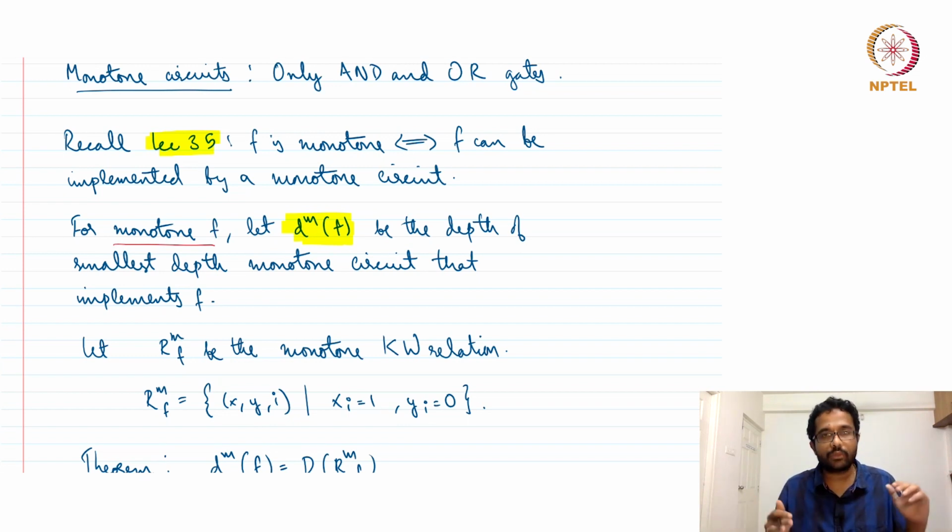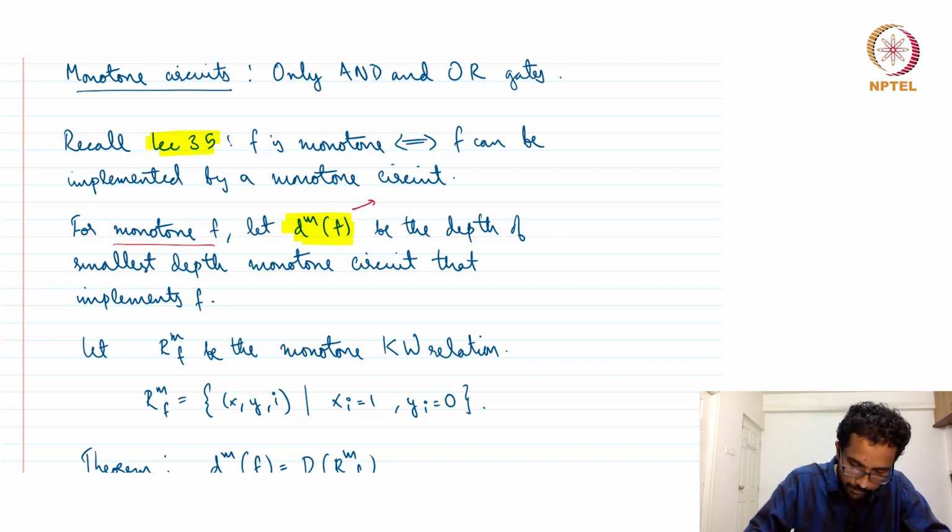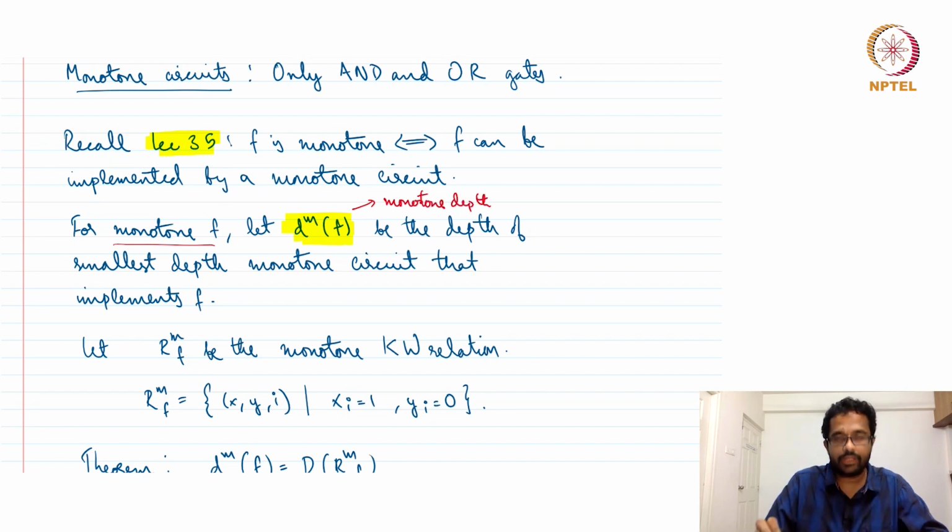So the monotone depth could be more than the depth of the function, because I am only looking at circuit implementations that do not have NOT gates. So d superscript m of f stands for the depth of the monotone circuits that implement f. This is the monotone depth of a certain function, which is the depth using monotone circuits.